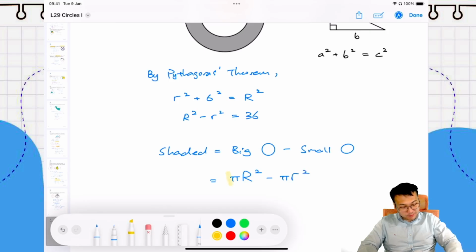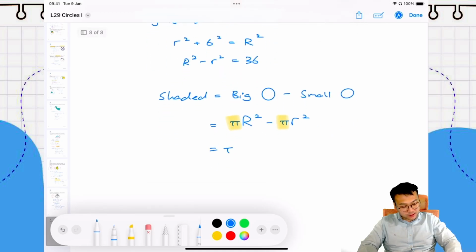Do you notice that pi keeps repeating itself? What I'm going to do is remove it, put it outside the bracket, and what do you have left? You have R squared minus r squared remaining in the brackets. So what is R squared minus r squared? 36. The answer is 36 pi cm squared.